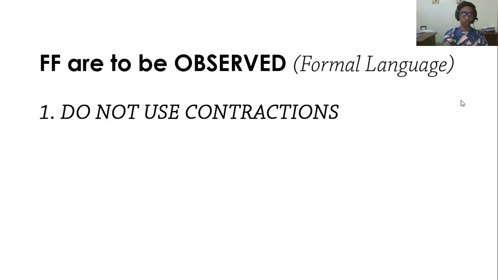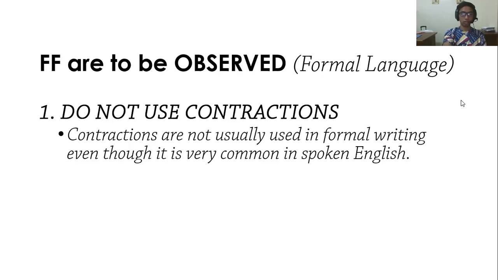The first one is do not use contractions. Contractions are not usually used in formal writing, even though they are very common in spoken English. Let's have examples to better understand this first thing to observe in formal language. Instead of using won't, you use will not.